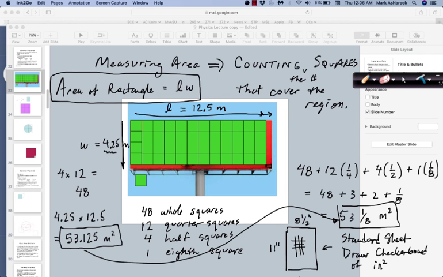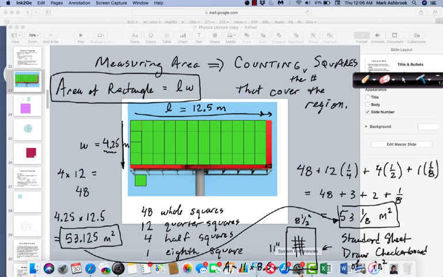So same thing with your paper. Rather than make this whole grid and count up every single inch square, that's a really good exercise to help you remember what area is all about. But the area can just be calculated simply as 11 times 8.5, and that counts up the squares. And what is that?